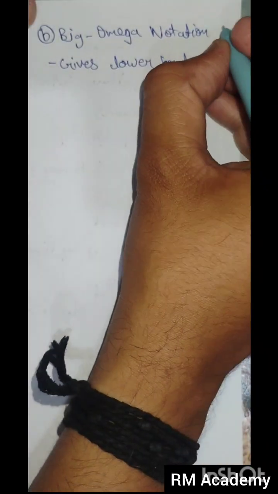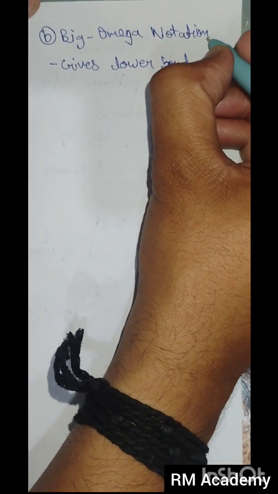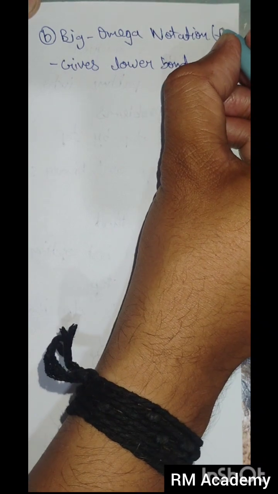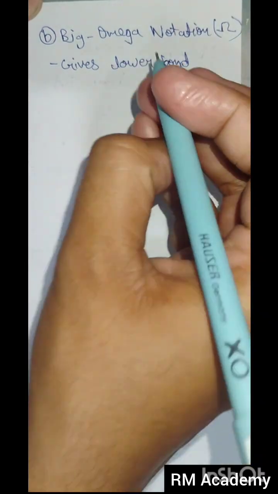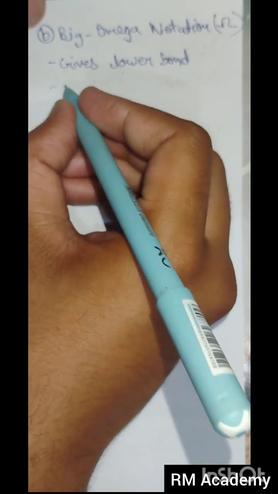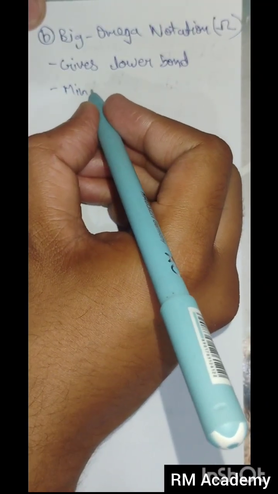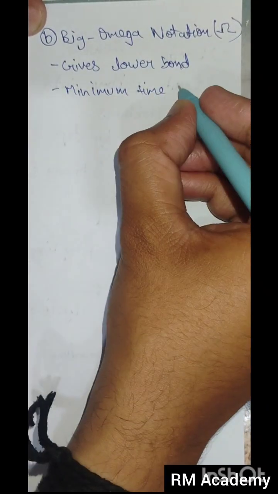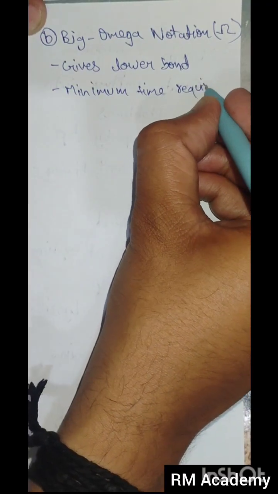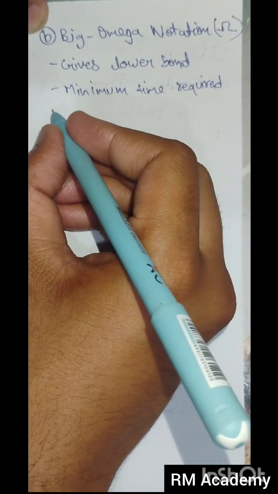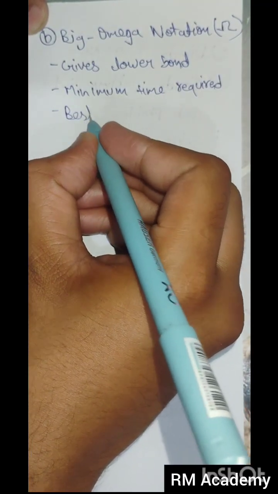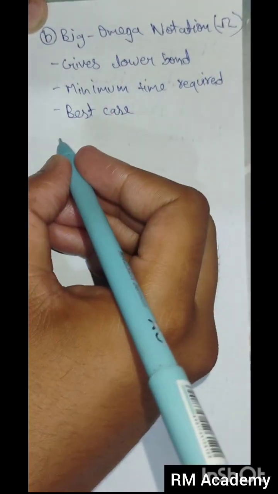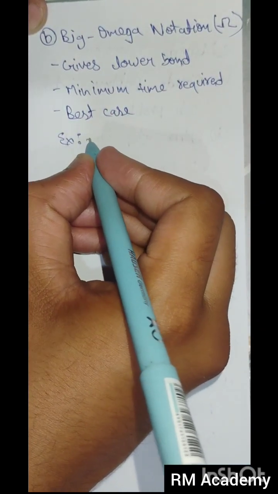We will denote it as omega, the symbol of omega. Okay. In it, minimum time is required. It gives best case. Example, linear search.